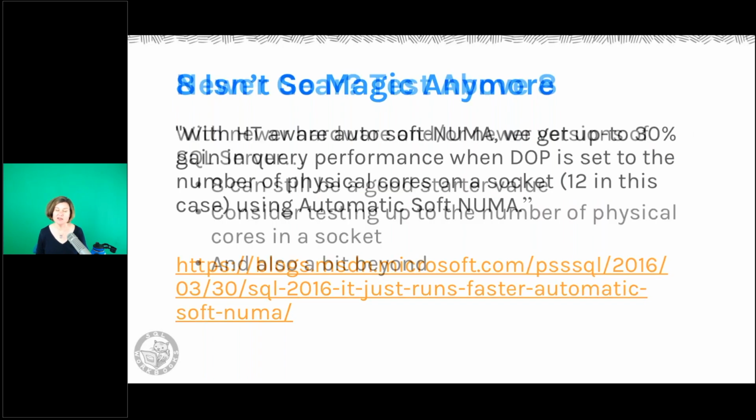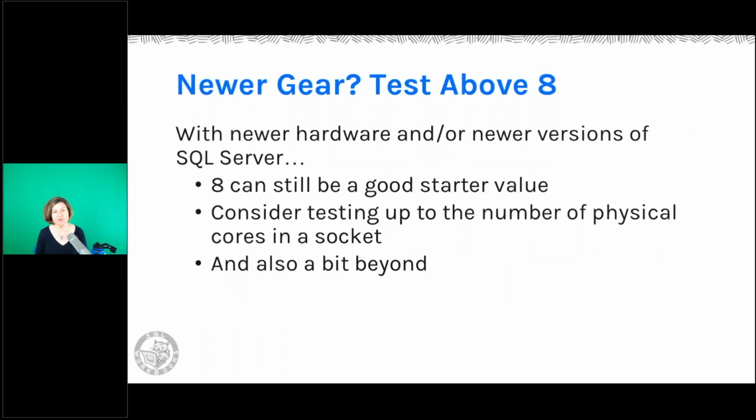So if you have newer gear, if your servers are not 5 years old, if you're using more recent versions of SQL Server, those are the ones where I would definitely test higher values than 8. If we're running SQL Server 2005 on really old hardware, that may not pan out, right?